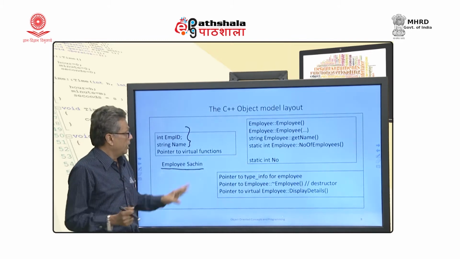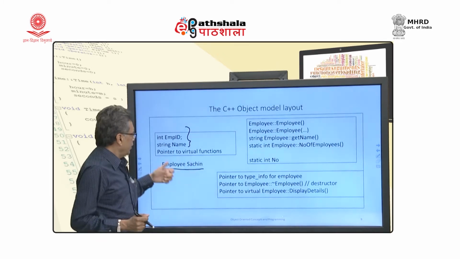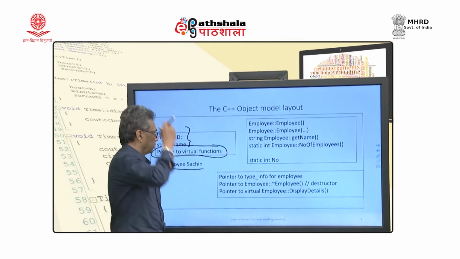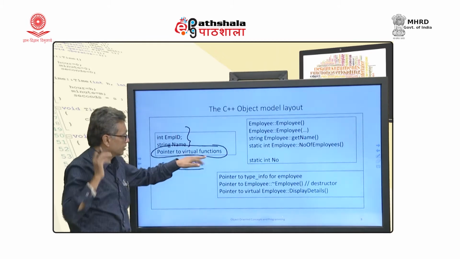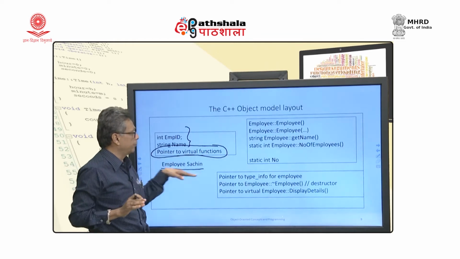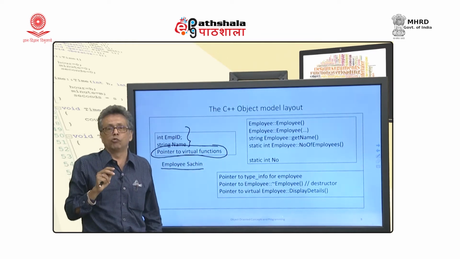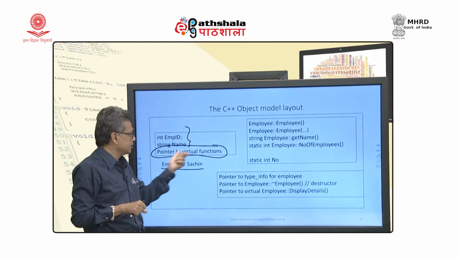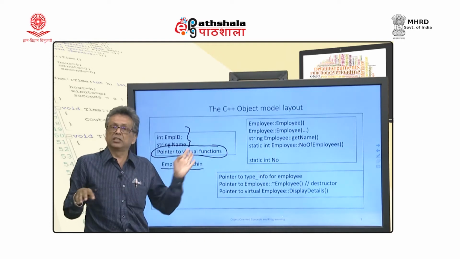Okay. Now, what is the job for virtual functions? This pointer. Now, this is an additional pointer that I will have if obviously this employee contains two virtual functions, and that is the reason why the third element is inserted, called VPTR. Otherwise, this will not be there.